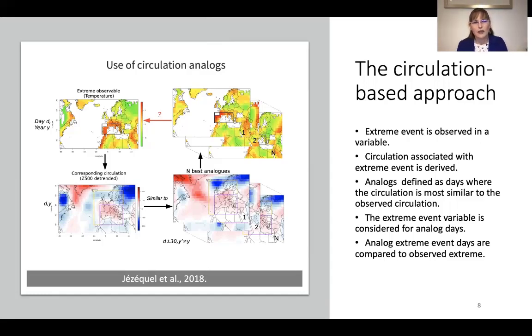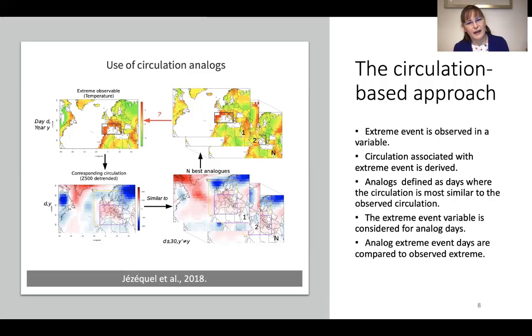The extreme event is observed in a particular variable, in this case temperature, over Europe, over the black box. And they've then looked to see what the corresponding circulation in terms of 500 hectopascal geopotential height is, as a trended pattern.